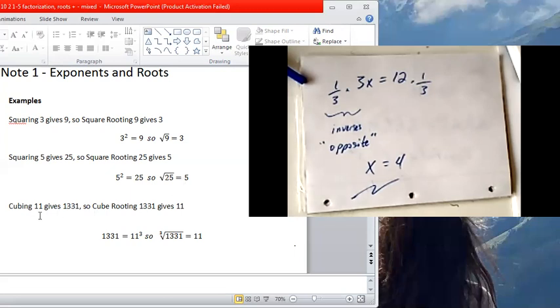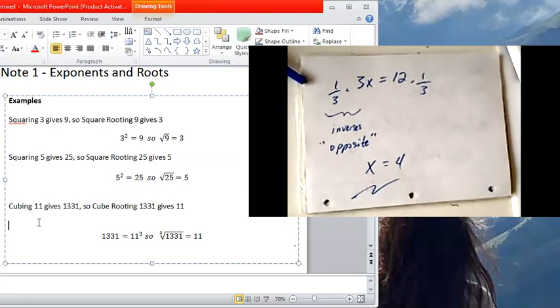Then to start getting a little fancier, with bigger numbers, there's a kind of cool pattern. If you cube 11, 11 cubed is the same as 1331. So you undo it.